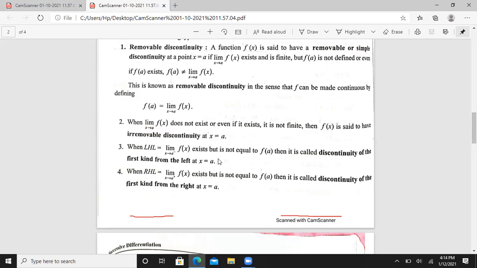This is known as a removable discontinuity in the sense that f can be made continuous by a definition.